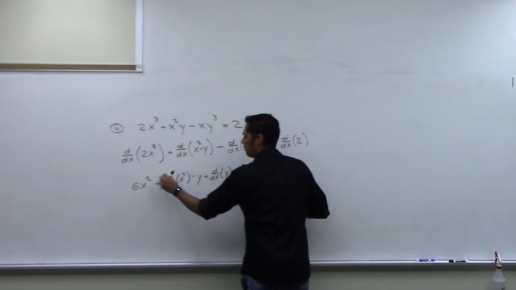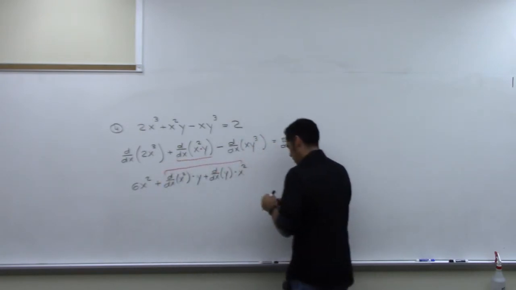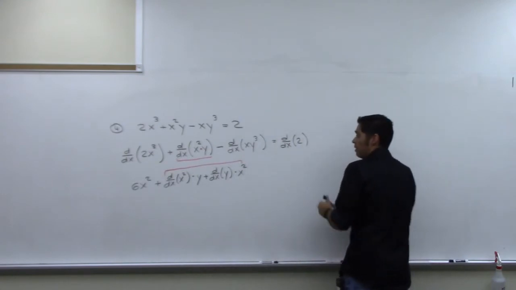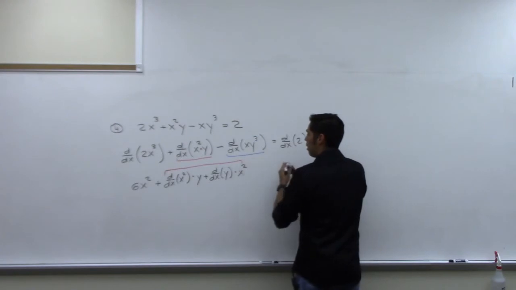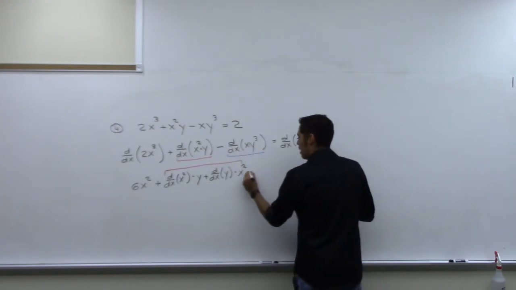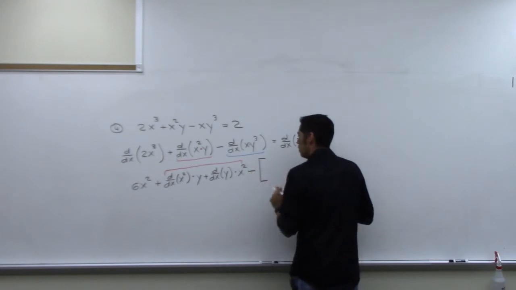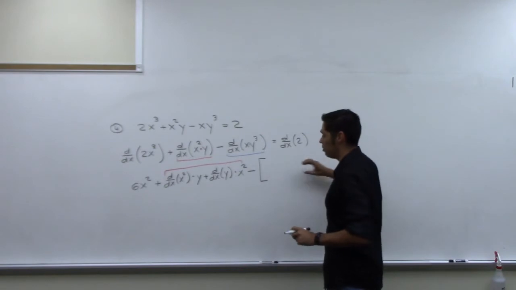So this right here is just this piece right here. Then I need to do this piece, which is the derivative of another product. Notice I have a minus out there. So when I do this, I'm going to go minus, and then let me do the product rule, because I'm going to subtract whatever this is. So if this turns out to be two terms, I have to subtract each term.